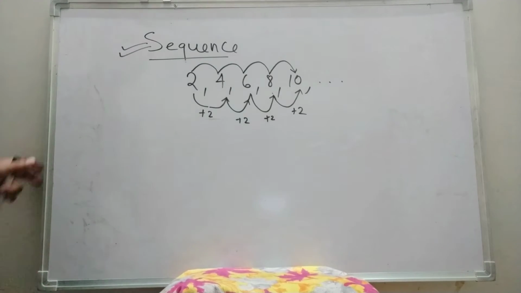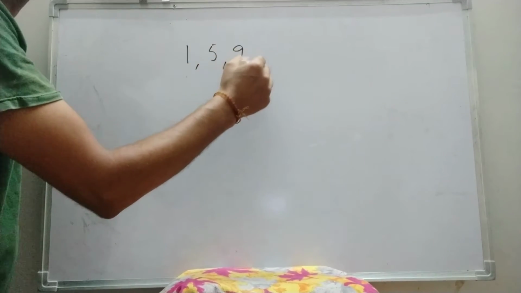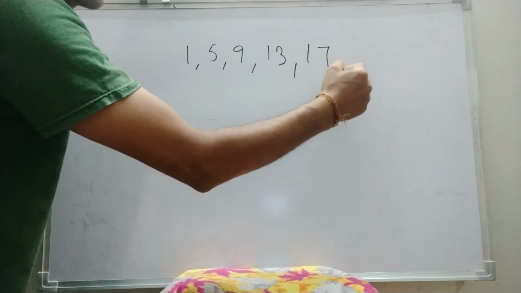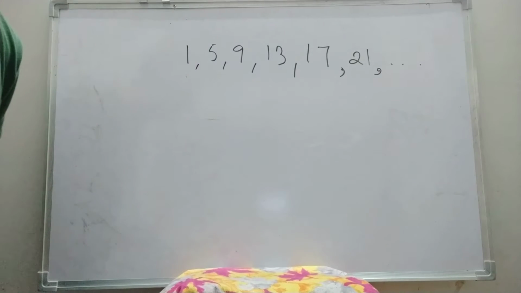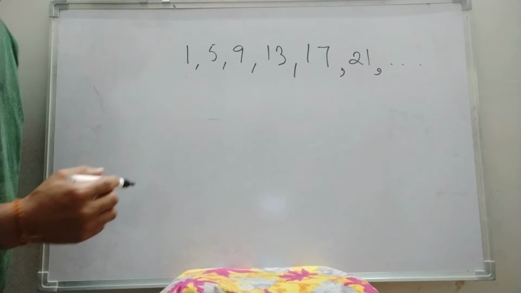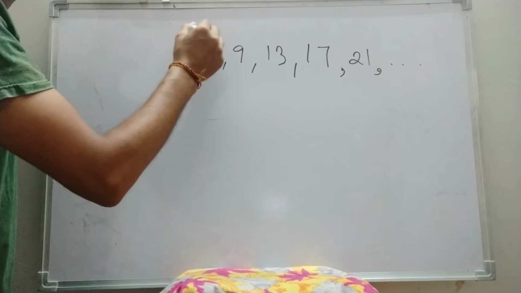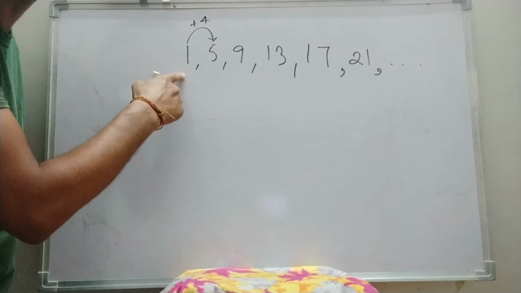I am going to write another example of the sequence so that you can understand better. So students, if I write 1, 5, 9, then 13, then 17, then 21, and so on, these numbers are also in a particular pattern. See, after 1, another number is 5, which is 4 added to 1.